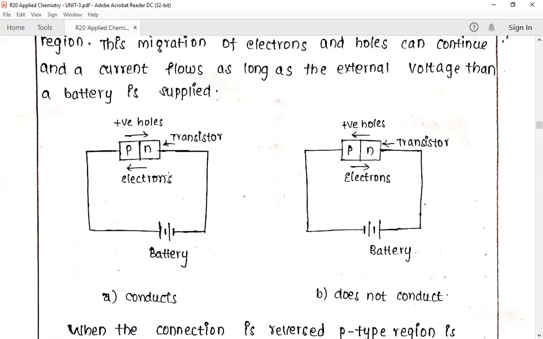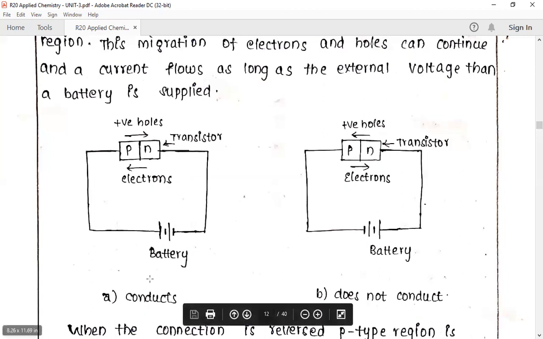That means the holes and the electrons are moving in opposite directions. They carry opposite charges, and as a result, they represent a current flow in the same direction. That means conduction of electricity takes place.